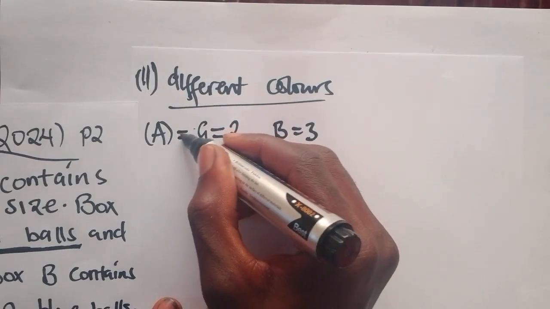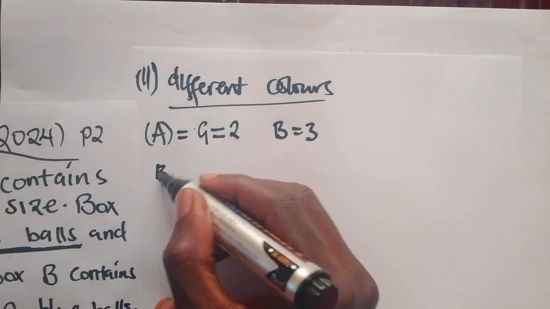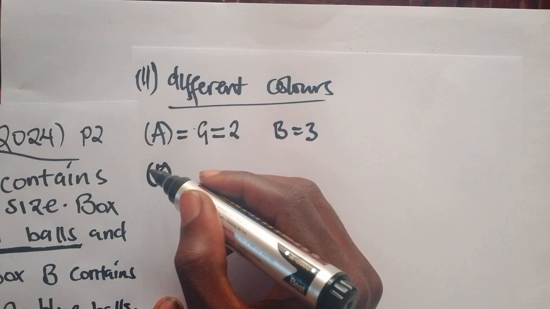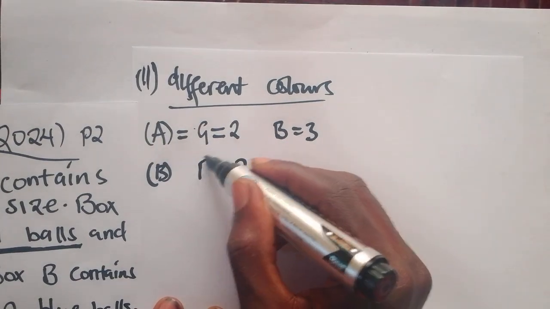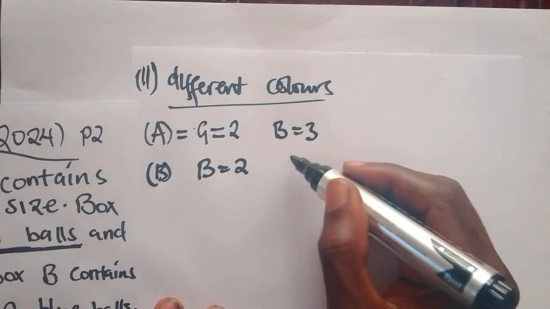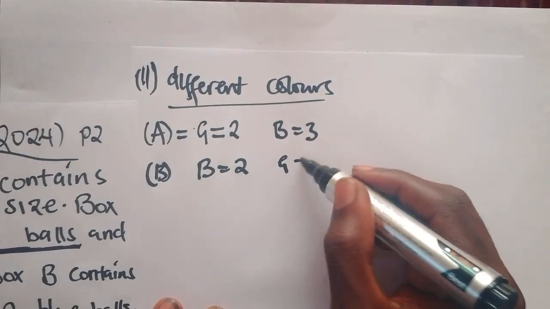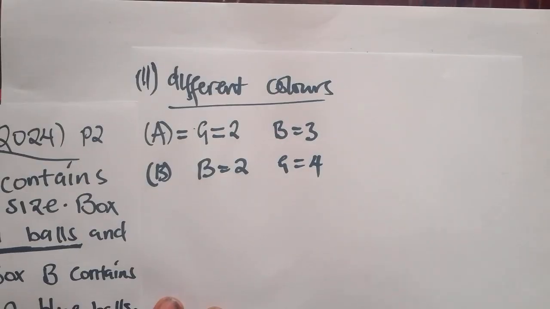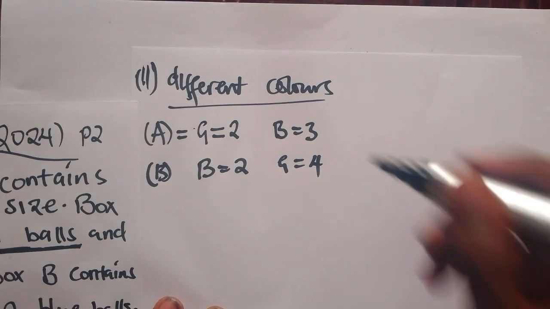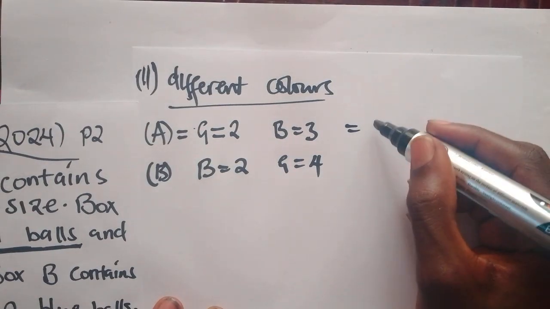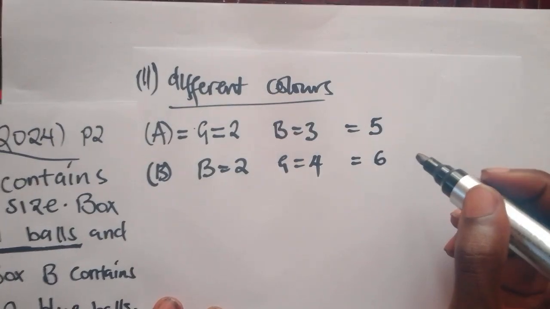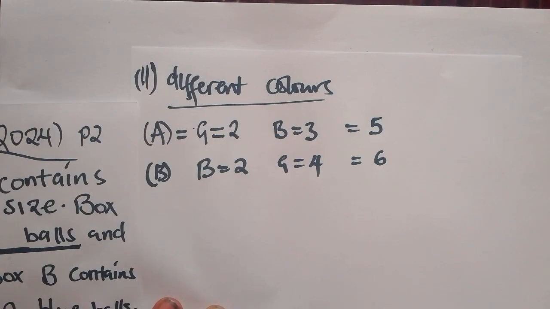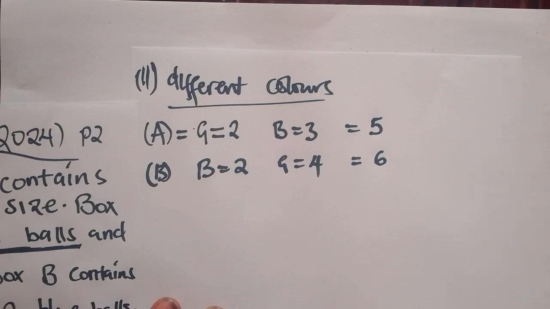This is box A. And in box B, we had 2 for blue and 4 for green. Then the total I calculated: in box A we had 5 balls, in box B we had 6 balls.